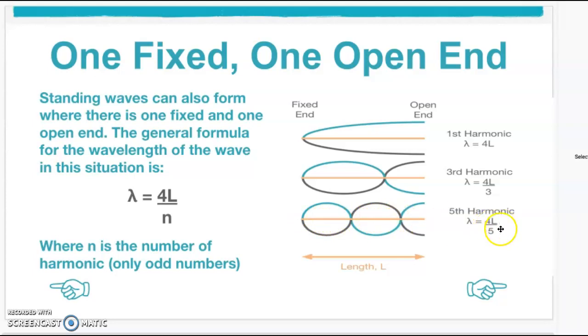So 4L over 5, and it's the 5th harmonic. So my general formula is 4L over N, where N is the number of the harmonic. Remember, this is only odd harmonics for one fixed, one open. These formulas are not on the data booklet. You either learn them off by heart or you derive them.